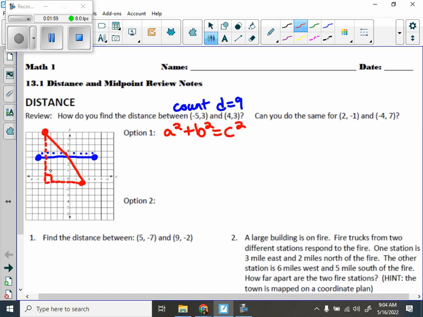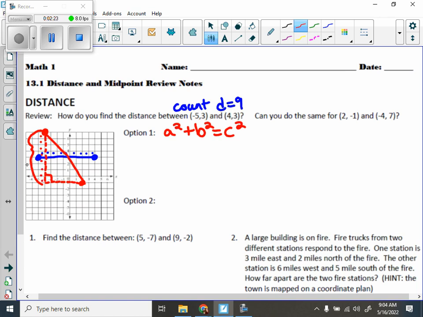Okay. Can you tell me how long this first side is, like from this dot up here down to here? Tell me how many boxes. Take a second and count. You're counting the boxes. 8.